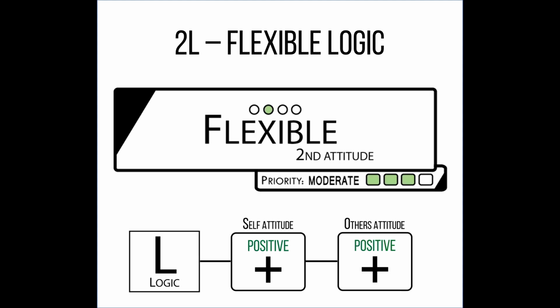That takes us to logic, which is their second attitude, and it's flexible. The self attitude is positive, and the others is positive. So they really try to help people understand things. They want to know what your theories are, and then they'll give their theories as well. And they generally have a lax attitude towards logic because it's positive.